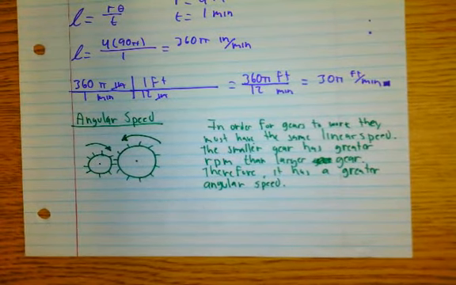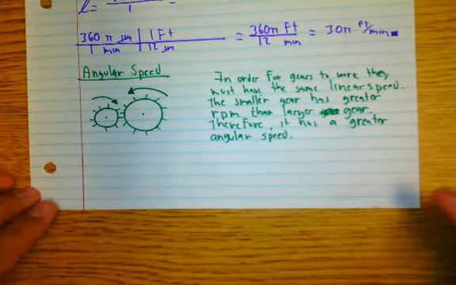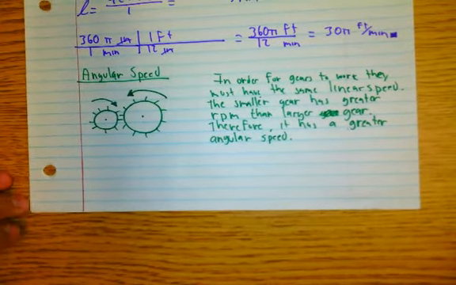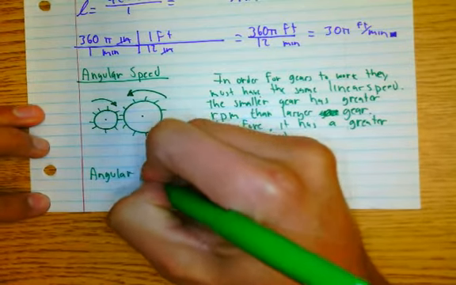So at this point, you must be asking, well, how in the world am I going to find angular speed? Okay, angular speed is found like this. Angular speed is equal to, well, let's pause. You told me that speed is what over what? Distance over time.